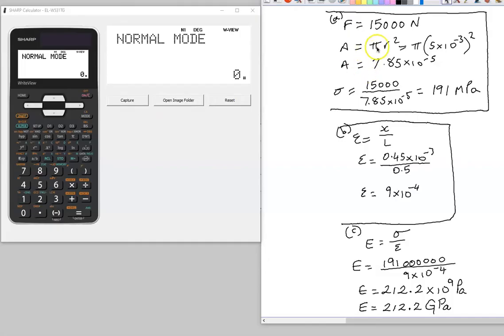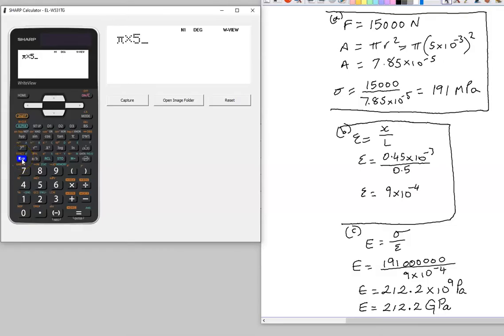So for instance, if we want to calculate this area, pi r squared, it is pi times 5 to the minus 3, squared. We've got a pi button here, so press that, and multiply by 5. Now, the proper way to put this in is to press the EXP button.